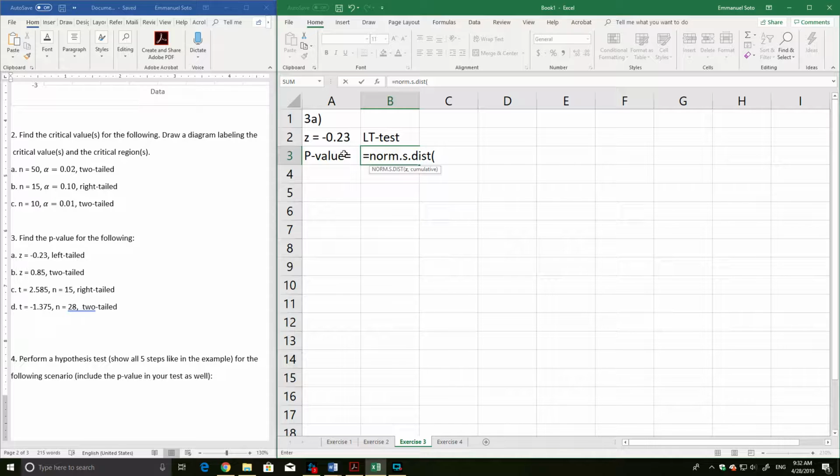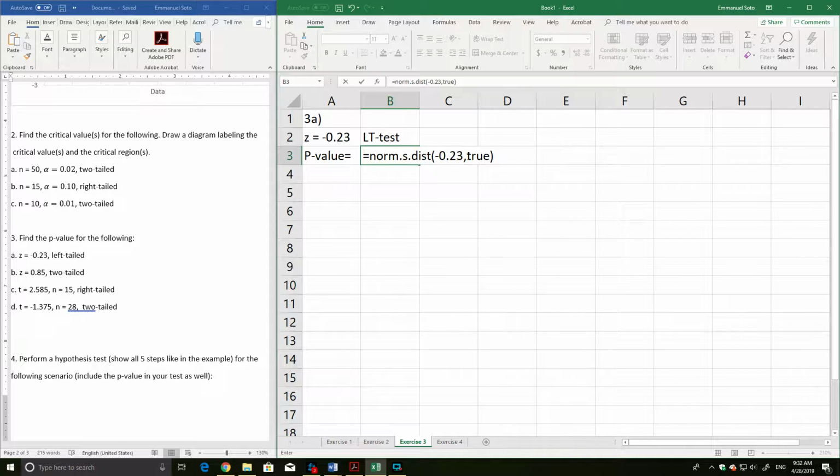So what we need to do is calculate the probability for this z-score. I'm just going to type it in, negative 0.23, comma, and then this will always be true. You will always use true for cumulative if you're doing the cumulative probability.